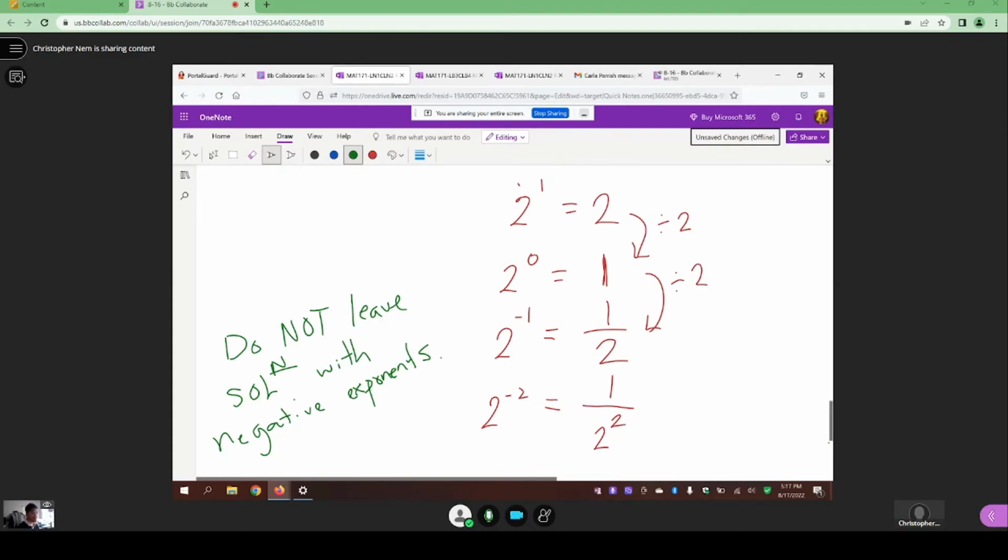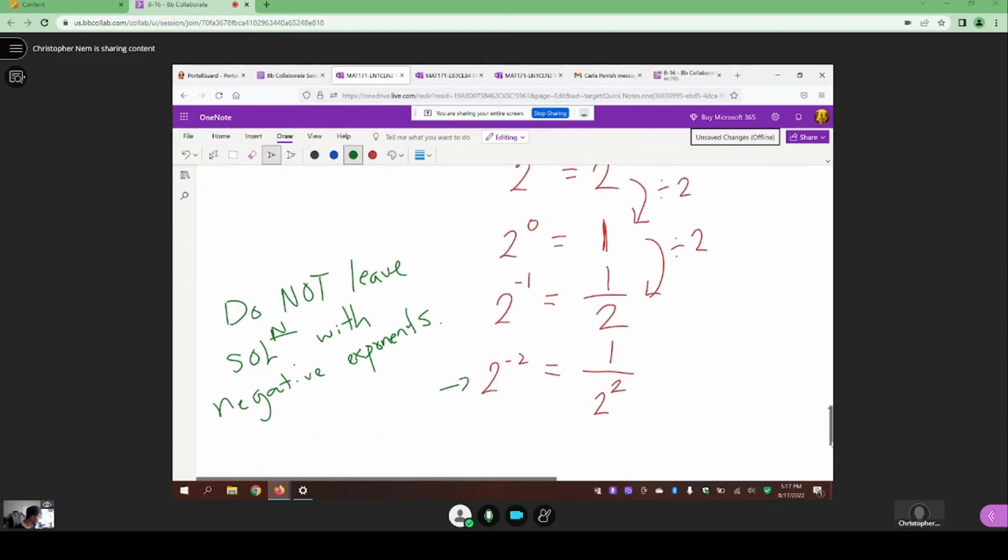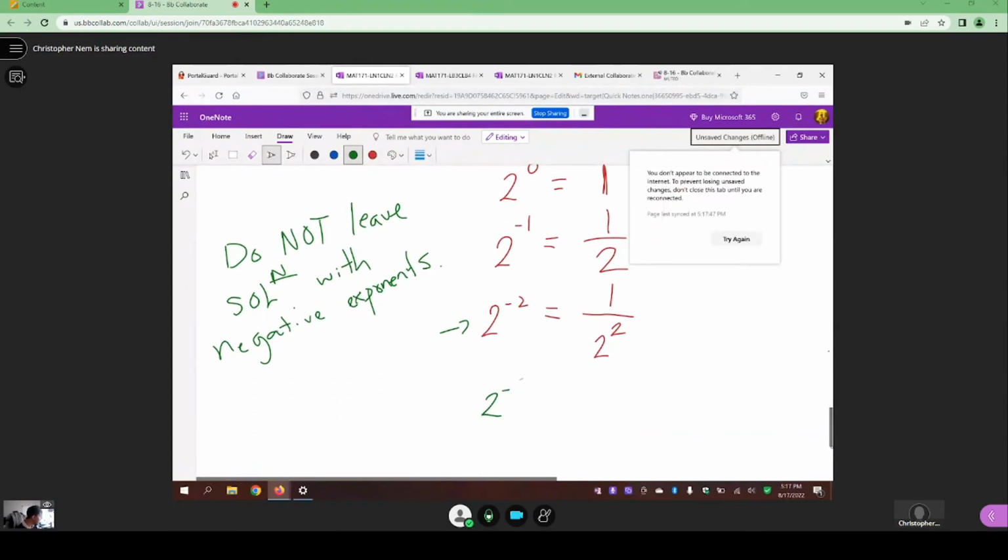I want them positive. So if you have 2 raised to the negative second power, write that as 1/2 squared. If I have 2 to the negative third power, I want you to divide that again by 2, which is 1/2 cubed.